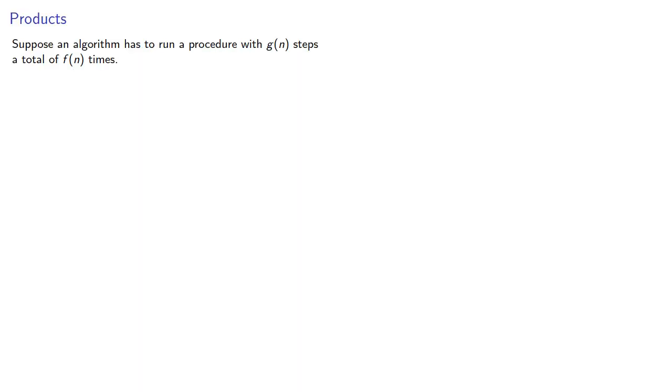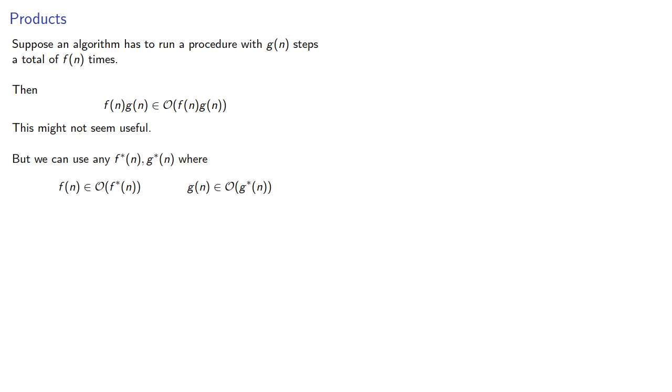Next, suppose an algorithm has to run a procedure with g(n) steps a total of f(n) times. Then the product is big O of the product. This might not seem useful, but we can use any f star, g star where f(n) is big O of f star and g(n) is big O of g star.